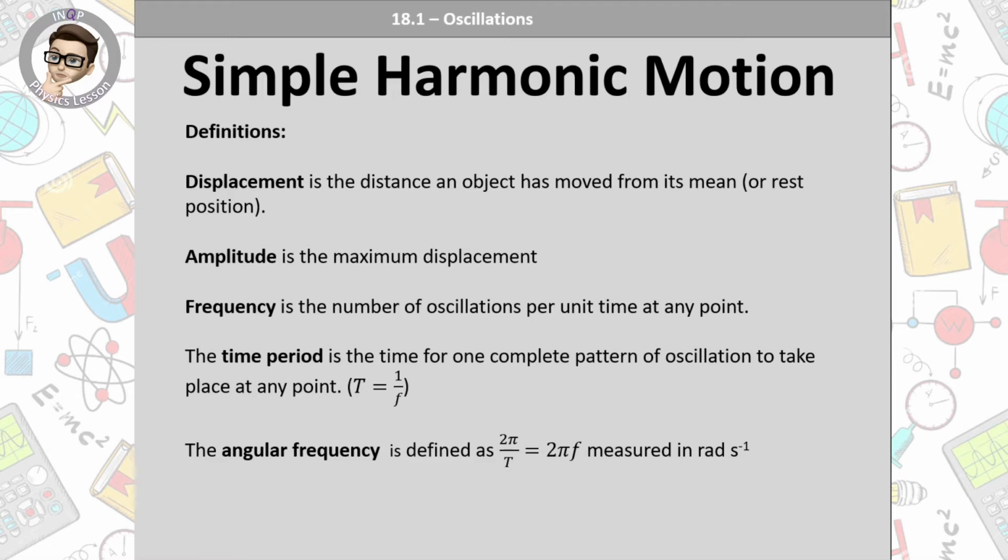The frequency is the number of oscillations per unit time at any point. So if I have a 20 Hertz frequency, that means I'm having 20 full oscillations in 1 second. Unit time here is seconds. So the time period is the time it takes for one complete pattern of oscillations to take place at any point.